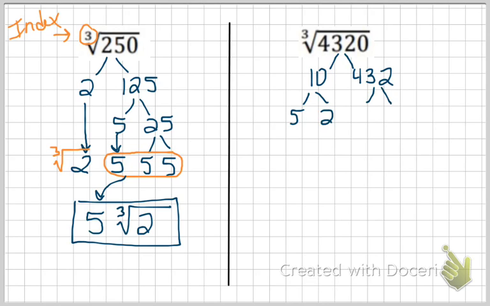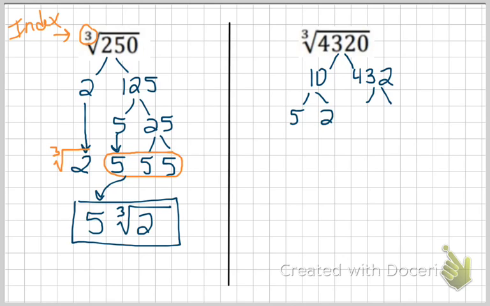So 432. Next we have to think of what factors we could use, because we could use 2 and 216, 4 and 108, 8 and 54. It's really up to you, it doesn't matter.